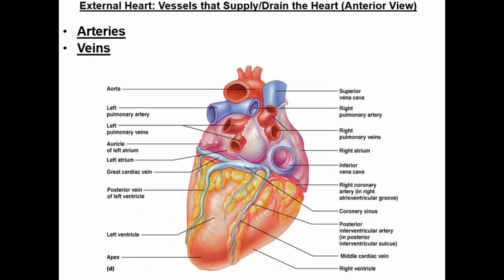Vessels that supply or drain the heart: the arteries supply the heart, and veins drain the blood. The arteries are the right and left coronary, right coronary artery, left coronary artery.